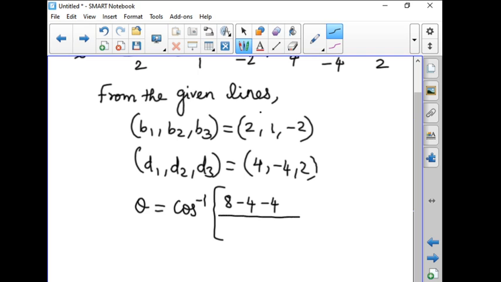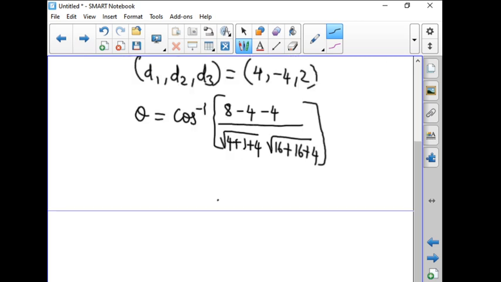Denominator is root of b1 square plus b2 square plus b3 square, so it is 4 plus 1 plus 4, times root of d1 square plus d2 square plus d3 square, that is 16 plus 16 plus 4. Now you can write this as cos inverse of 0, isn't it? The numerator is 0, so we can write it as cos inverse of 0.